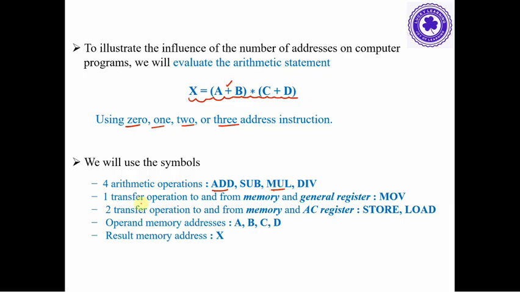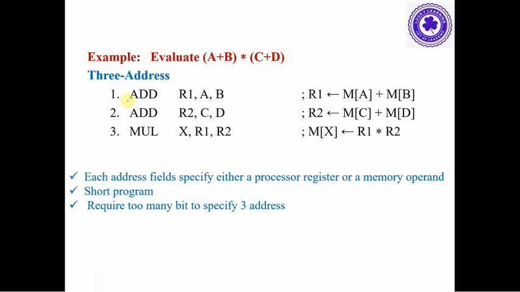For one transfer operation, from memory to register, general register, we use move, and for two transfer operations, to and from memory and accumulator, we use store and load instructions. Assuming operands A, B, C, D are in the memory and the result is also stored into the memory at location X. Now we'll see how to write three address instructions.